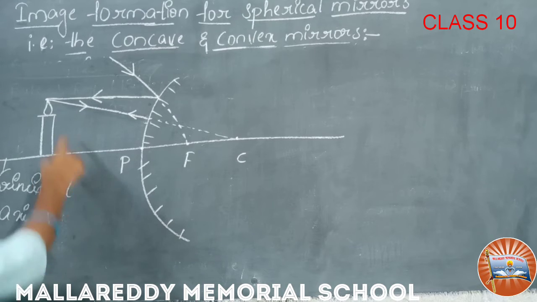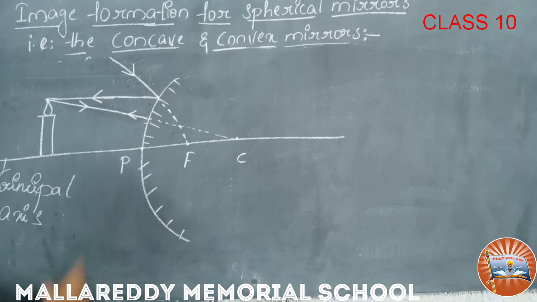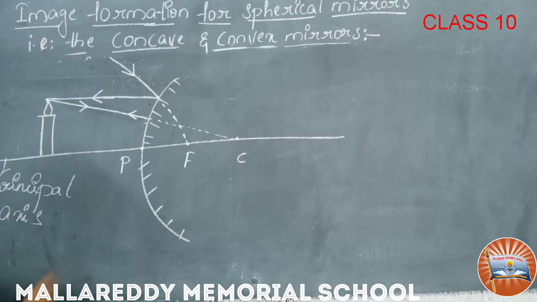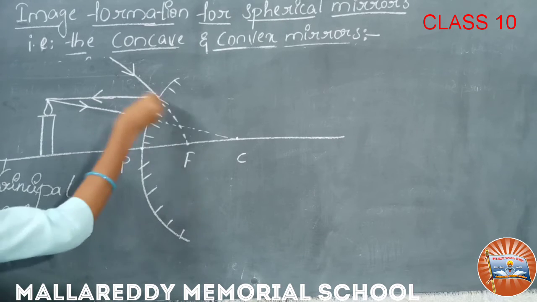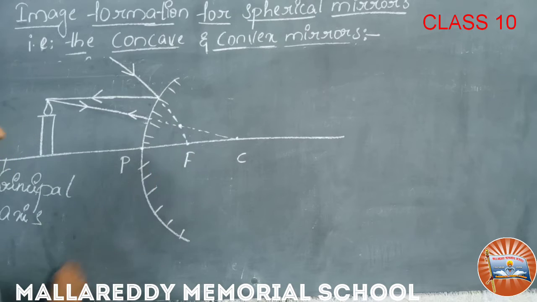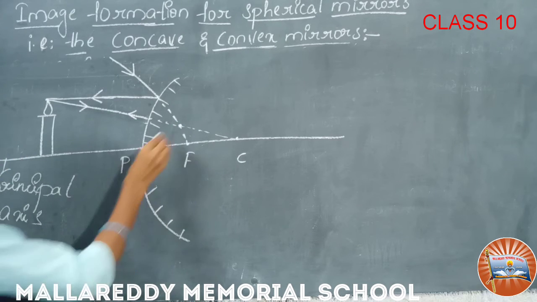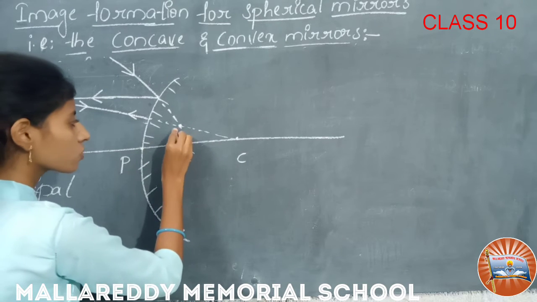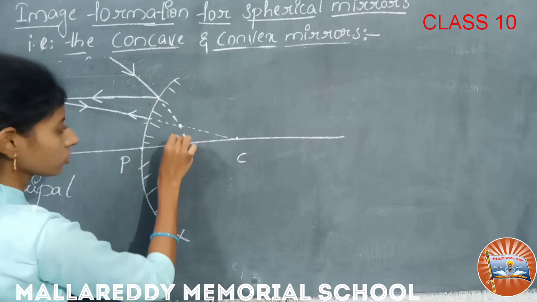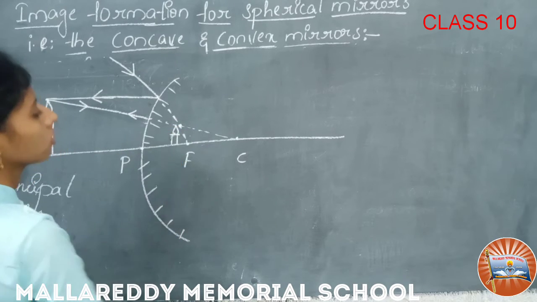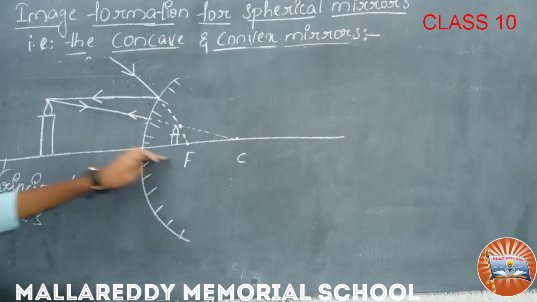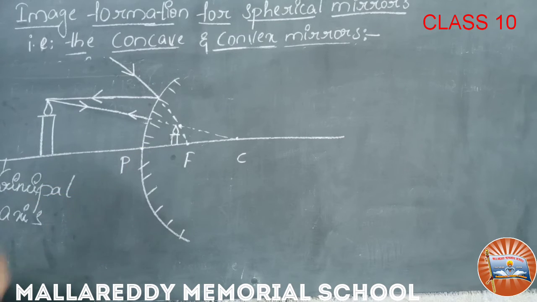When the light ray is incident towards the center of curvature, after reflection it again passes through the same path. Now these 2 rays converge at this point. So here the image will be formed. This is the object and this is the image.